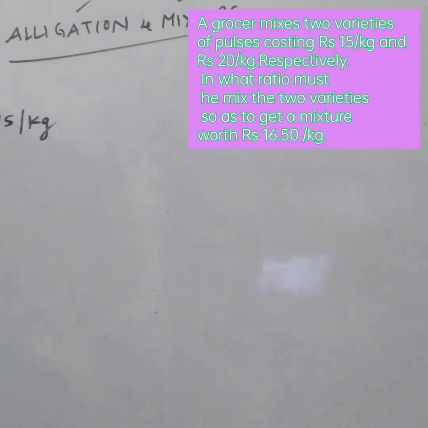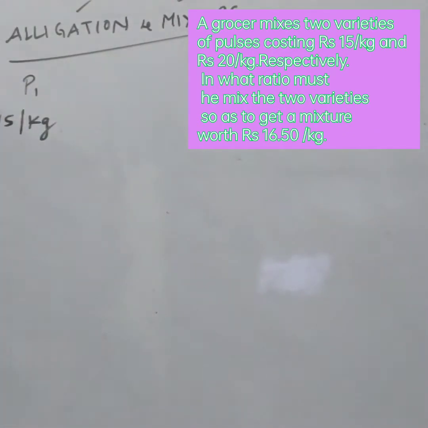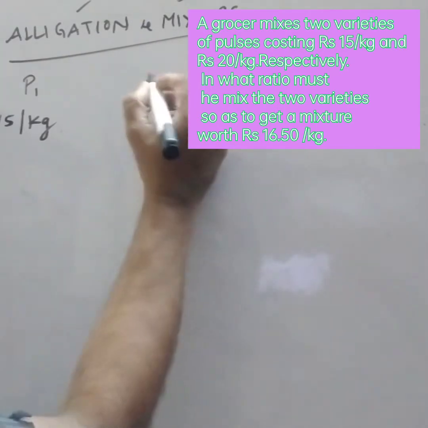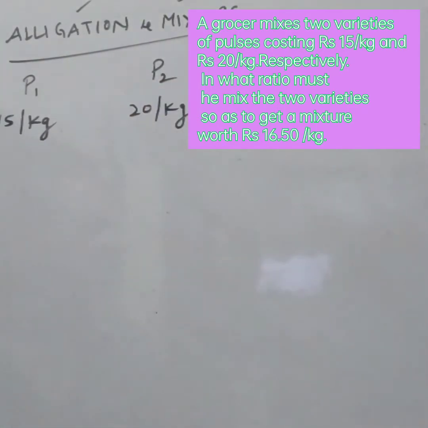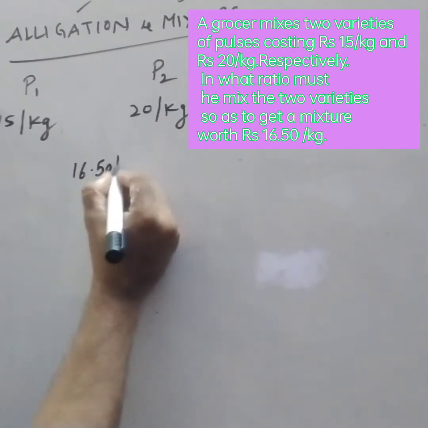So he is taking one variety of pulse, say P1, at 15 per kg, and the second variety of pulse at 20 per kg. Same type of pulse but two varieties. In what ratio he must mix the two varieties so as to get a mixture worth 16.50 per kg.